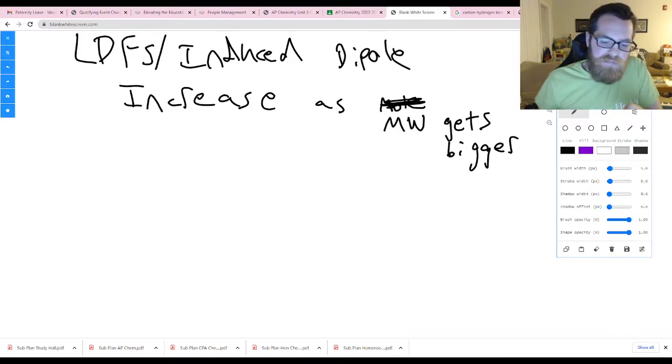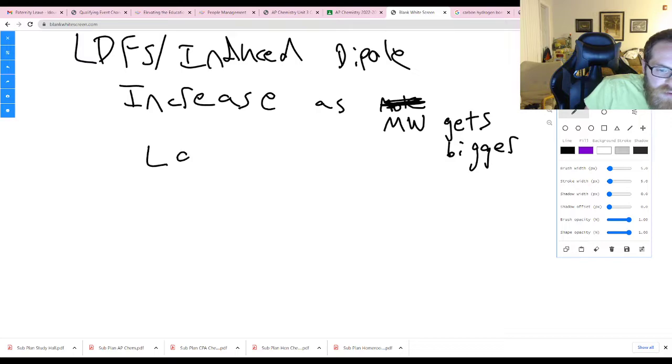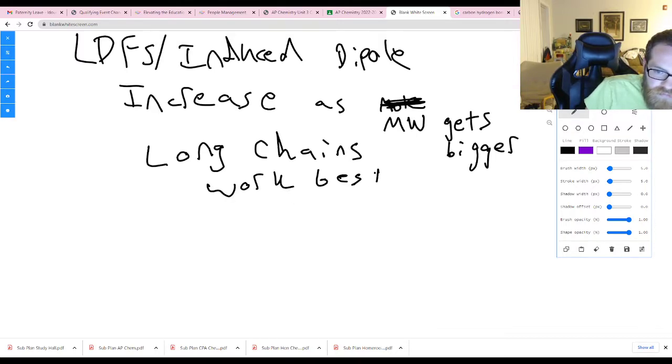And you can actually get molecules being so large to the point where it's difficult to interact with, right? So generally, long chains are what work the best for this, for high LDFs.